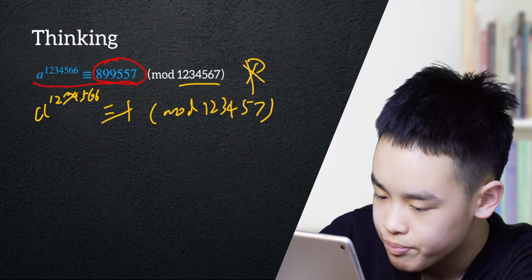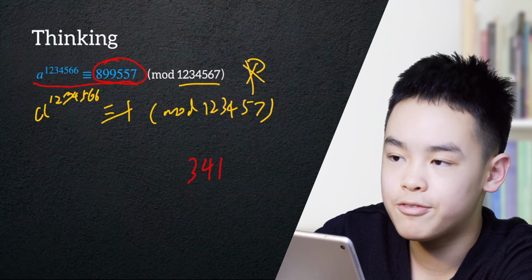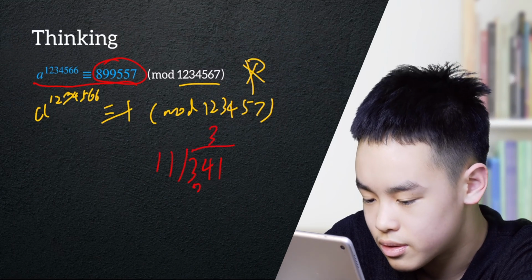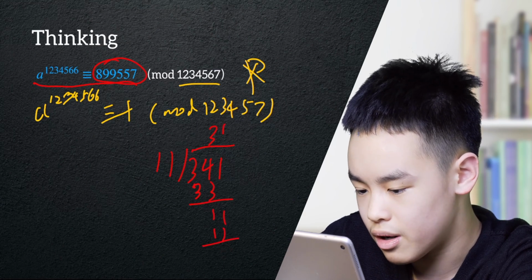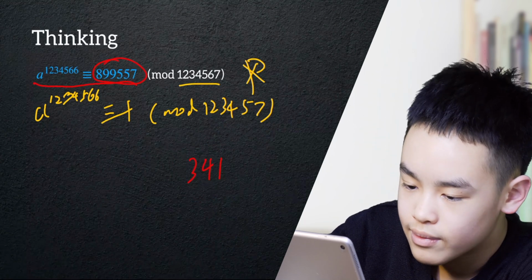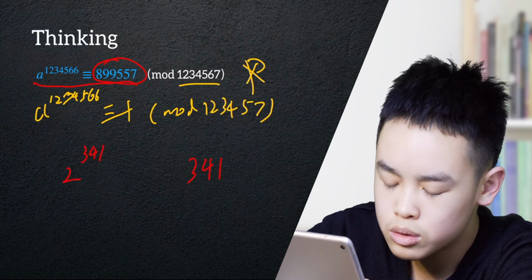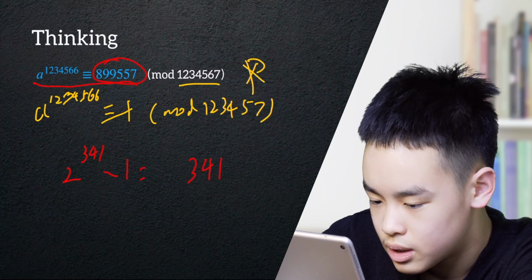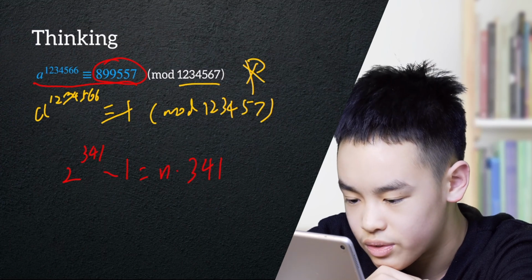So for example, the number 341. It can be divided by 11, and I'm going to do the division right now to show that it is not a prime number at all. So for this number, 341, 2 to the 341st power minus 2 is a multiple of 341.